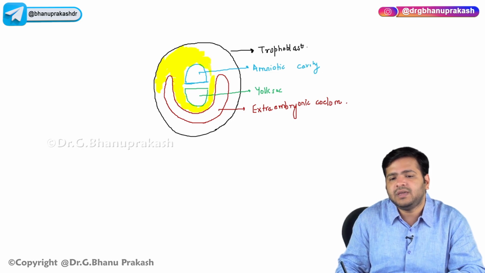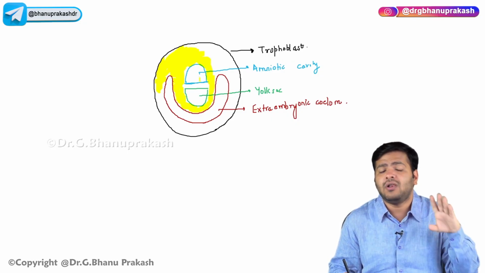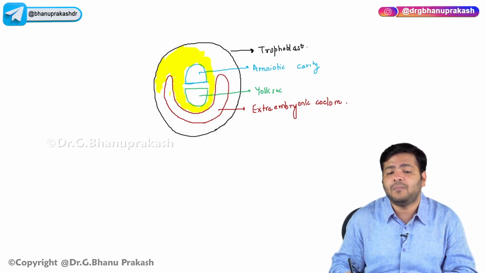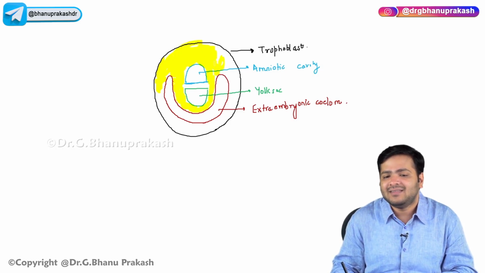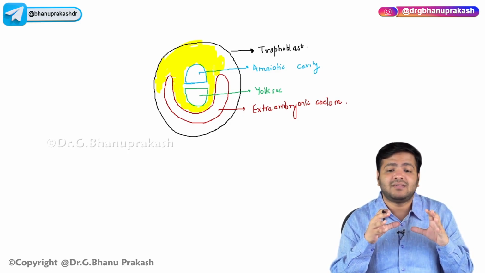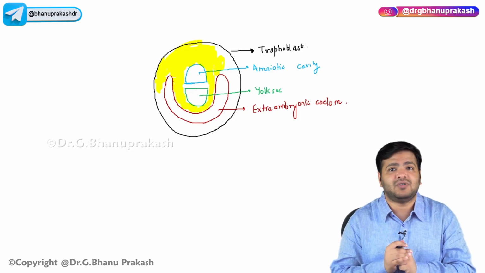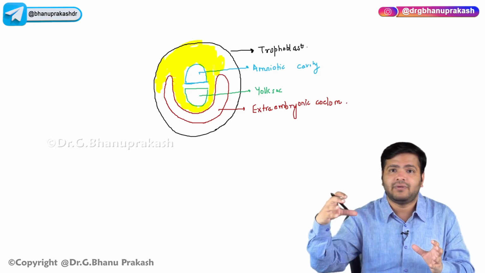Now you will be surprised to know कि extraembryonic coelom I have drawn all around, but I have left one side open. One side, like on the top, I am not drawing it. Why? The simplest reason is, beta, you already know there is some undifferentiated extraembryonic mesoderm. There is something which is connecting this embryo, right?